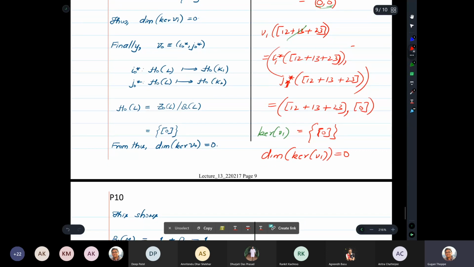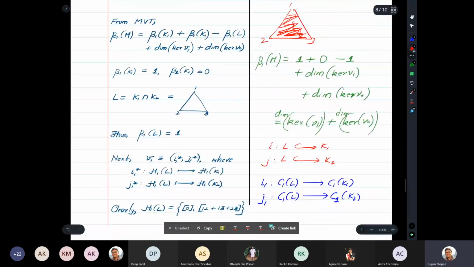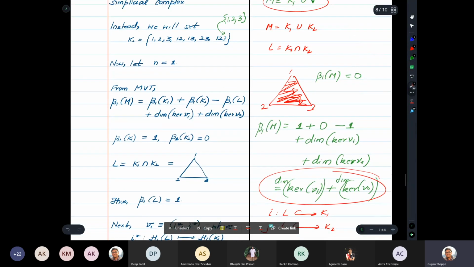In the same way, you can see that the dimension of the kernel of nu 0 is 0. Once you substitute over here, you can see that beta 1 of m is actually 0. Is this okay? So let me stop over here and let me stop recording, and you can ask me questions if you have.